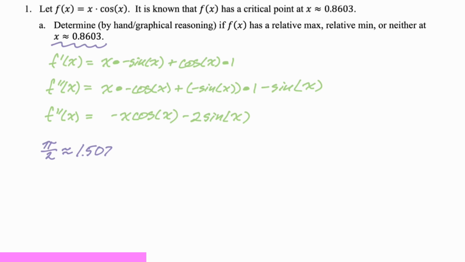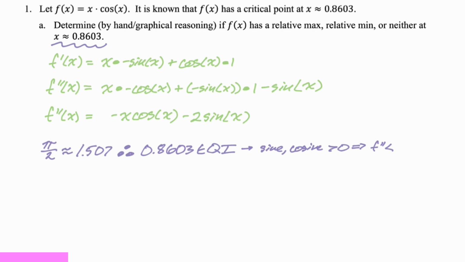And because of that, we know that 0.8603 is in the first quadrant, and everything in the first quadrant is positive. And since everything in the first quadrant is positive, that cosine and the sine are both positive in f double prime, and then the negative 0.86 is obviously negative, the negative 2 is obviously negative. Overall, the second derivative is negative.